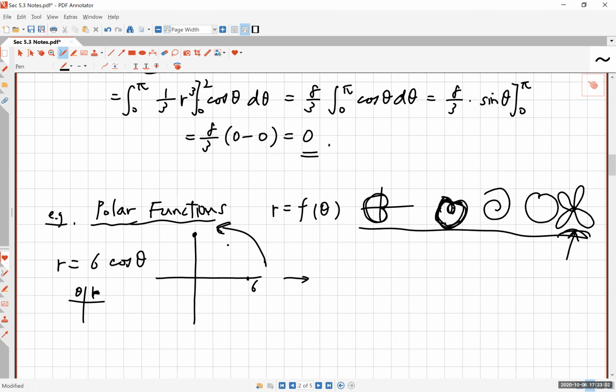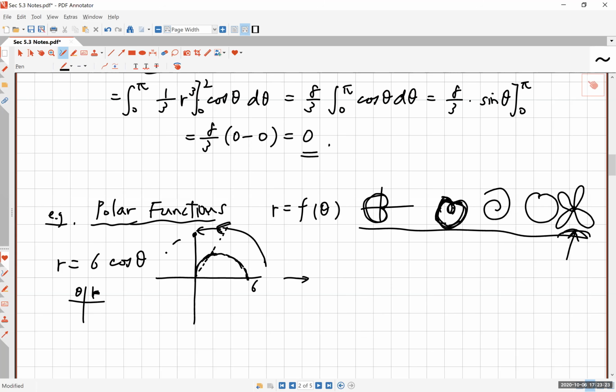Maybe you can try to figure this out at pi over 3. The cosine of pi over 3 is 1/2, so at this point r is 3, which is much shorter than 6. You can think that this is going to be like this, and by the time you reach pi over 2, it's 0.